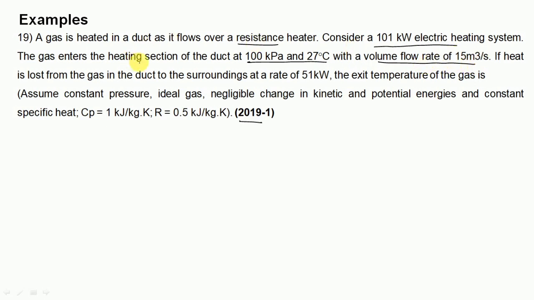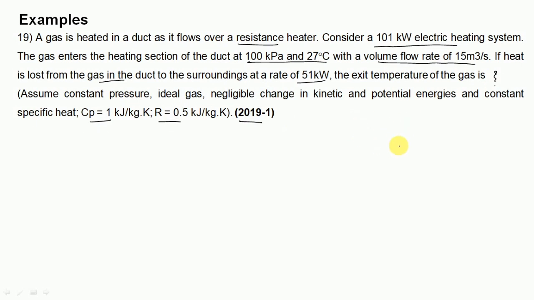If heat is lost from the gas in the duct to the surroundings at the rate of 15 kilowatt, you need to find the exit temperature of the gas, and some properties of the gas are given, Cp and R. So the example is very simple.